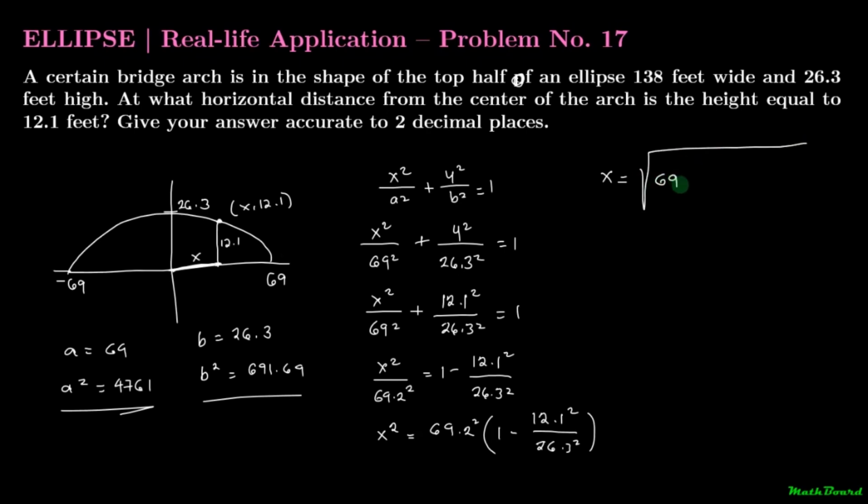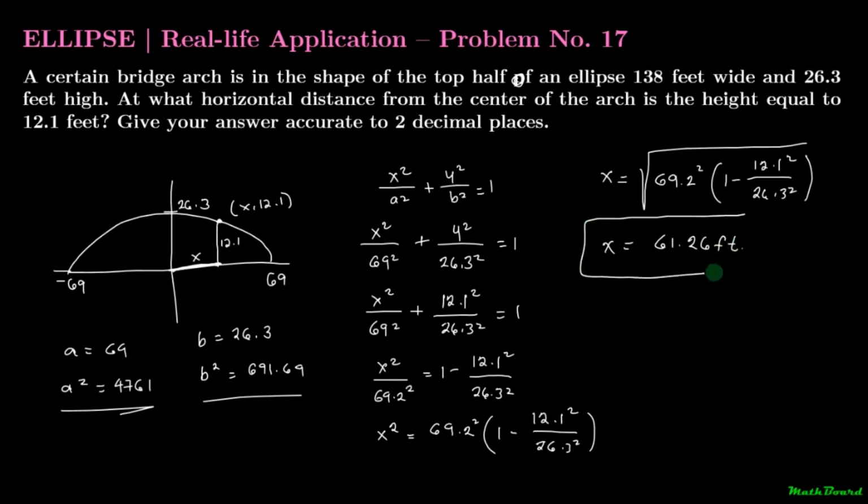Pag nag-enter ka sa calculator, isang beses mo lang yan gagawin. I-calculate mo yan, diretso, makukuha ang value ng x dyan, 61.26 feet. Yan na yung sagot na hinahanap natin.